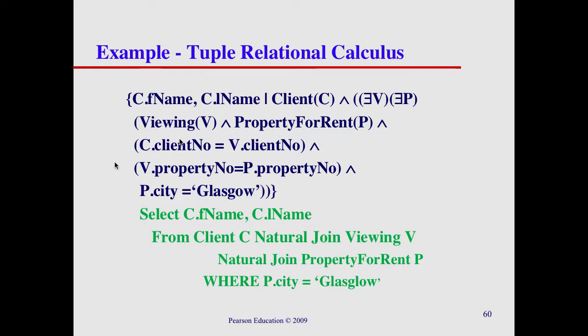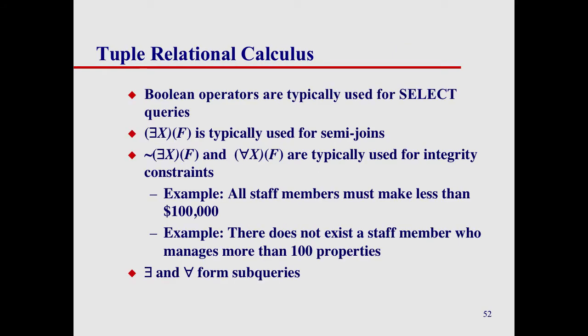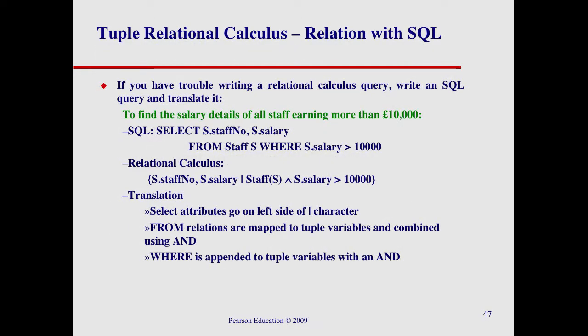Okay, so very quickly, going back to slide 47. When you're asked in the homework to formulate a relational calculus query, my recommendation is that, unless it's simple, you first try to write the SQL query, and then you map that SQL query into a relational calculus query.